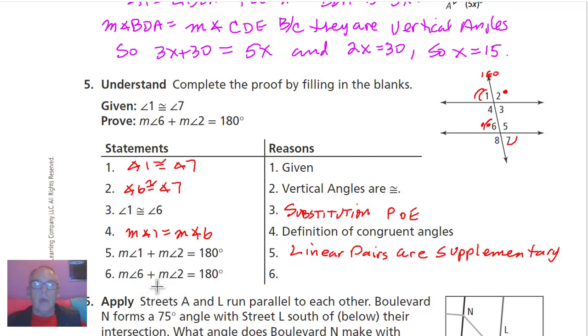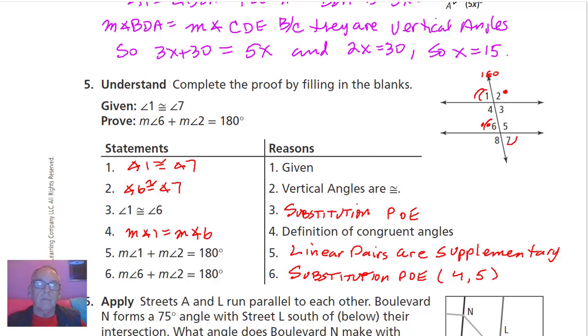And angle 6 and angle 2 then, since 1 is the same as 6, we're going to substitute 6 in for 1 in step 4, and that's going to give us angle 6 and angle 2 added together makes 180. So it's going to be the substitution property of equality, and we're going with step 4 and step 5 and substituting those in.